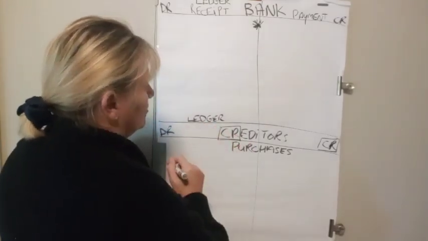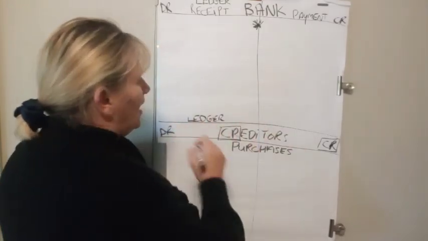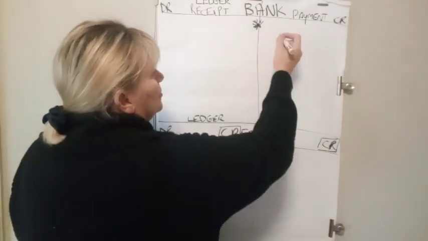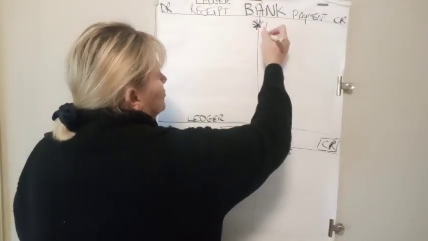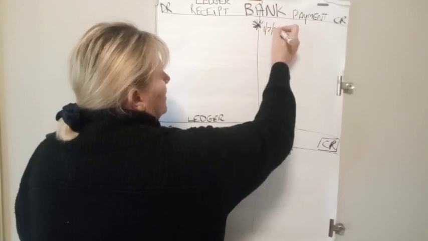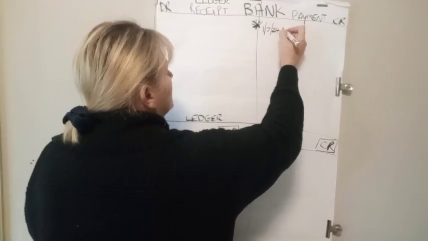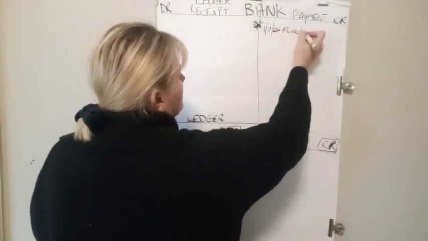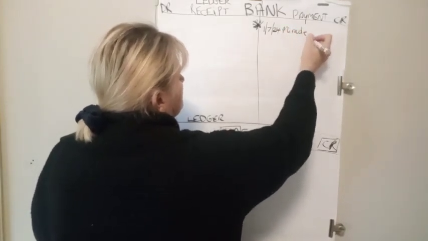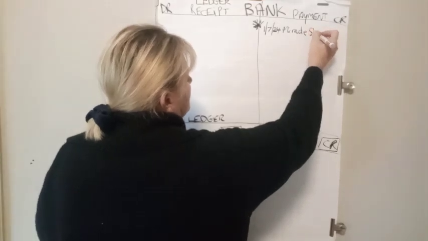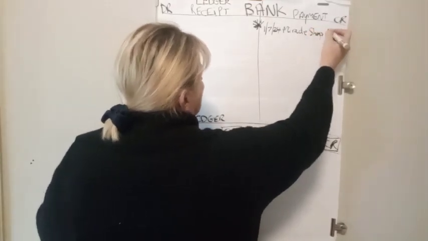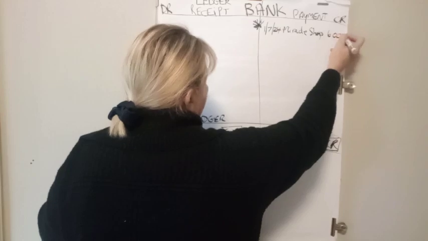Okay, let's use an example. Say now I paid out, say on the 1st of July, I paid out for my hair products, let's call it Miracle Shampoo, and we paid 6,000 to them.